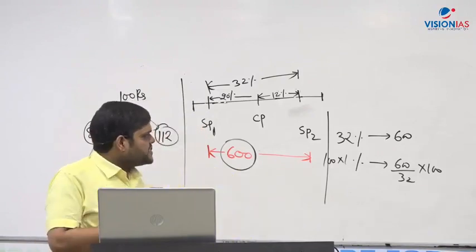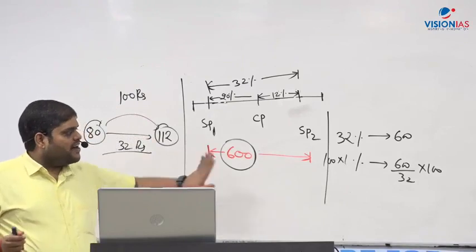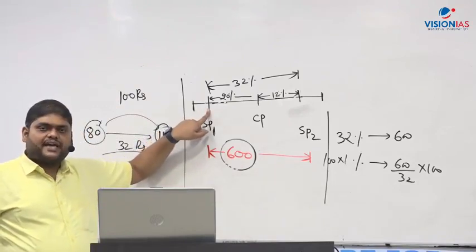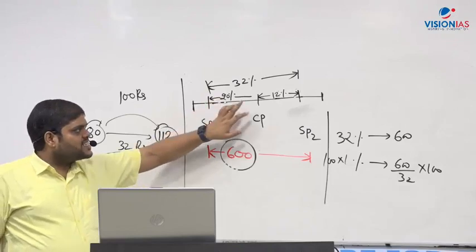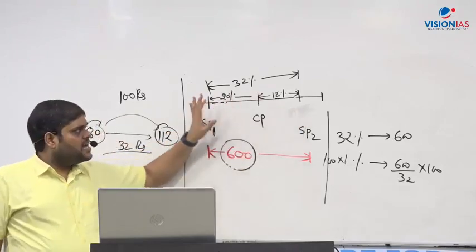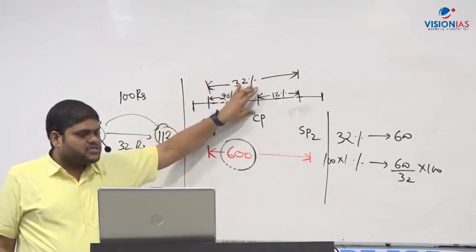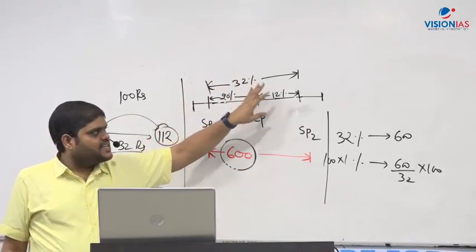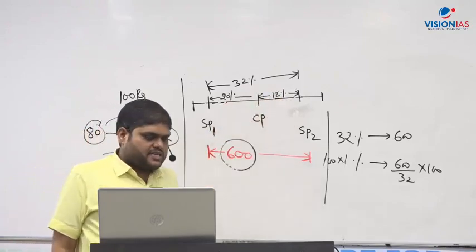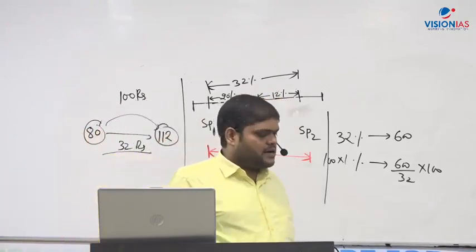I hope this makes sense now. When I add 600 rupees, this 20% loss becomes 12% profit. That means first the 20% loss is covered, then the 12% profit. So total becomes 32%. I hope this is clear now.